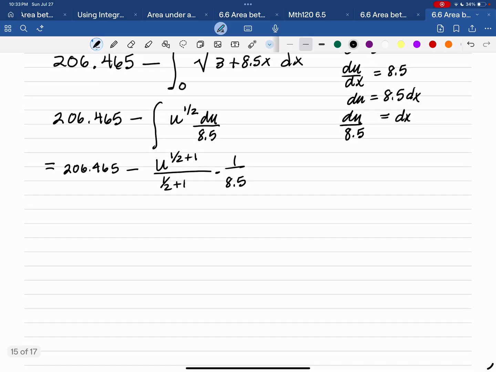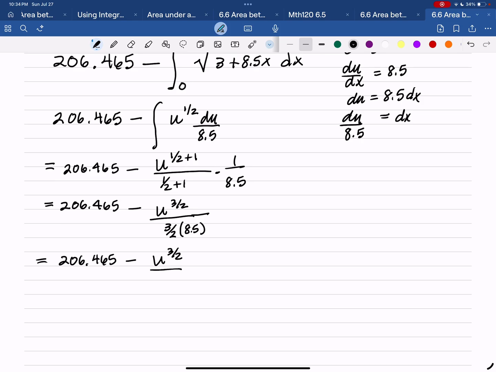So that turns out to be 206.465 minus u to the 3/2 over 3/2 times 8.5. And I'll just go ahead and get a decimal in that denominator. So that's 206.465 minus u to the 3/2 over 12.75.